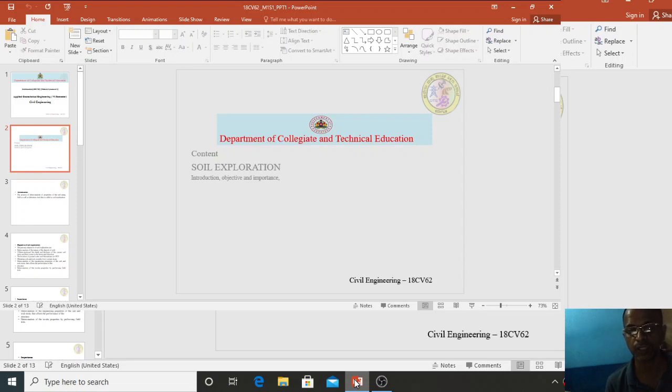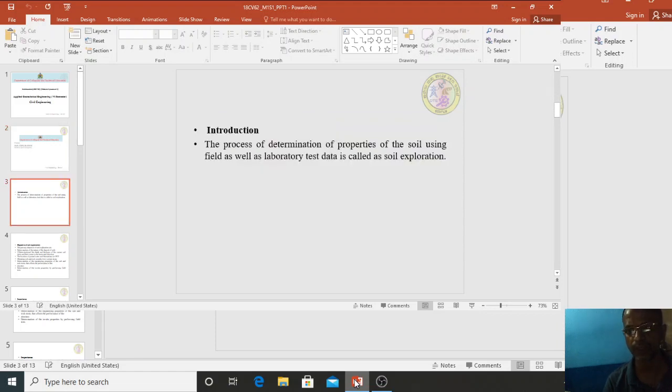The content of today's presentation: soil exploration introduction, objects, importance. What is meant by soil exploration? Soil exploration is the process of determining the properties of the soil using field as well as laboratory test data.